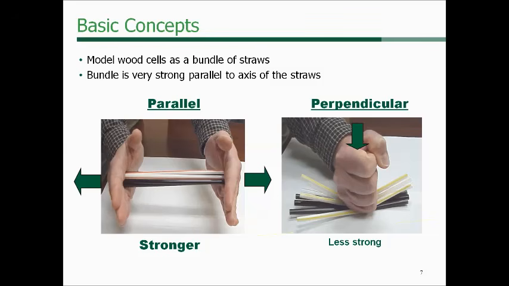You'll also see this played out in the dowel bearing strengths of wood members, in the difference between the dowel bearing strength parallel and perpendicular to grain, and we'll point that out too as we work through the design procedures today.